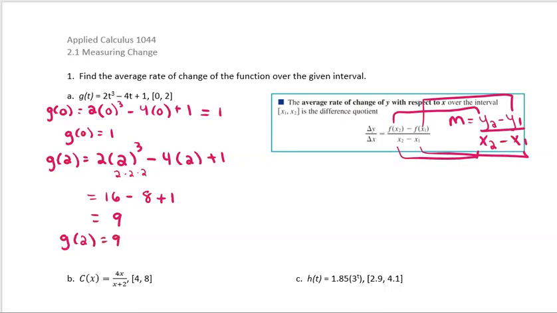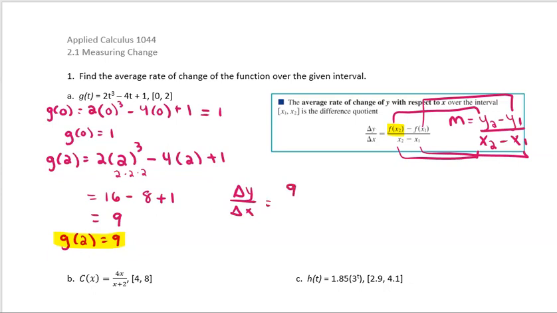Now we can figure this out. We have all of our different pieces. So our function evaluated at our second x, that's this one. So our change in y over our change in x is going to look like our function evaluated at our second x.